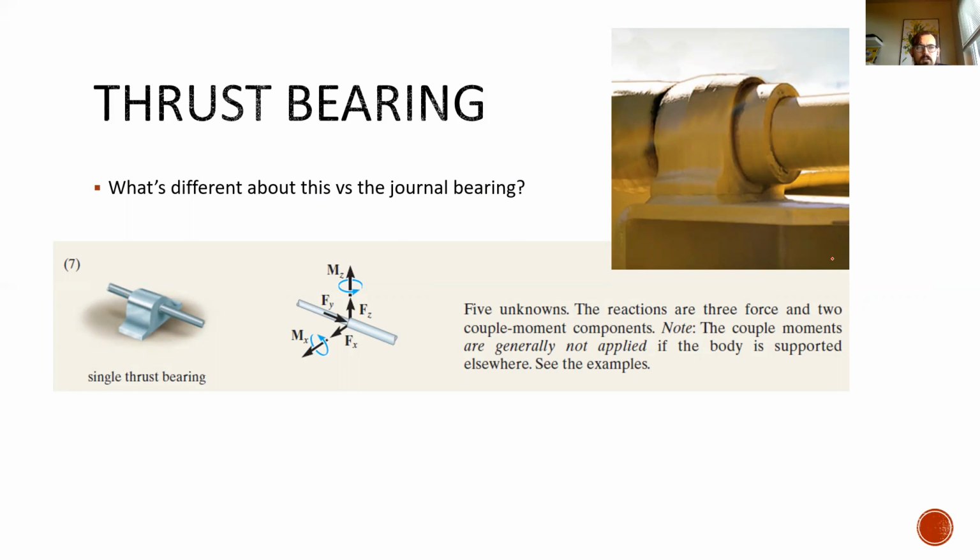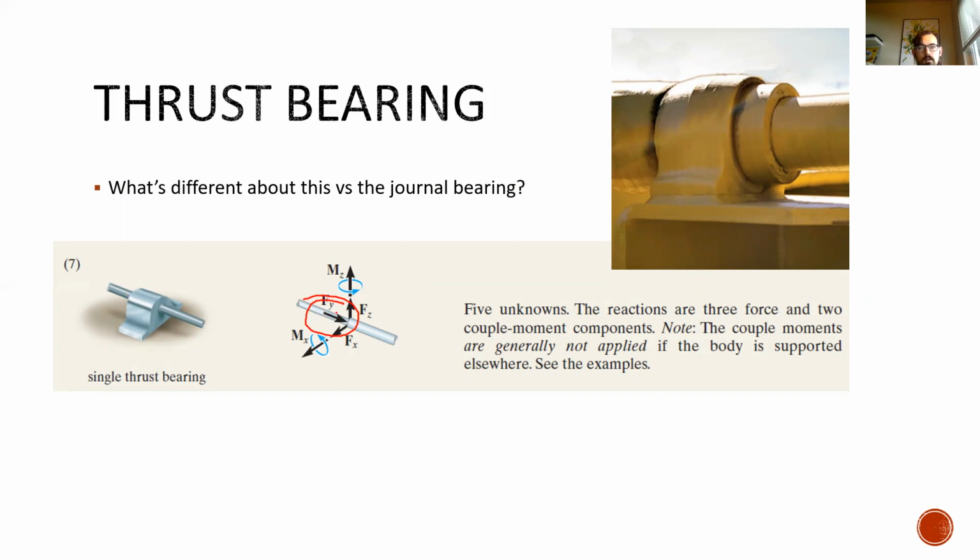You have to look very closely over here at the restraints to get an idea of the difference between these two, so be careful when you read these problems. Don't just look at the pictures, but also read the text carefully to make sure that you're not trying to use a journal bearing versus a thrust bearing. Make sure that you read that text very carefully because it'll tell you the type of connection often there.